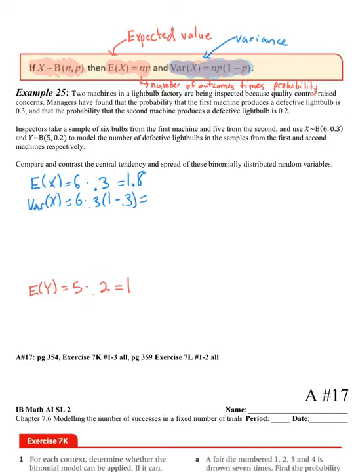And the variance of Y, 5 times 0.2 times 1 minus 0.2. And that's how we identify our variance respectively for each problem here. We get a variance of 1.26 for X, and 5 times 0.2 times 0.8, we get a 0.8 variance for Y.